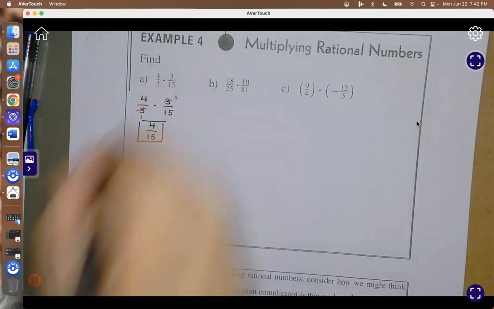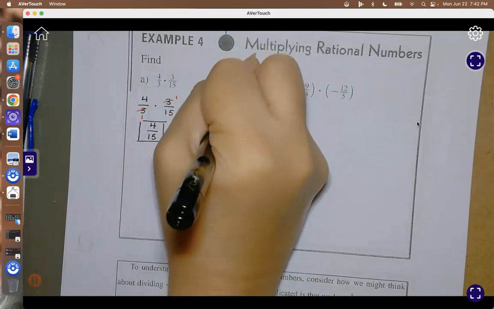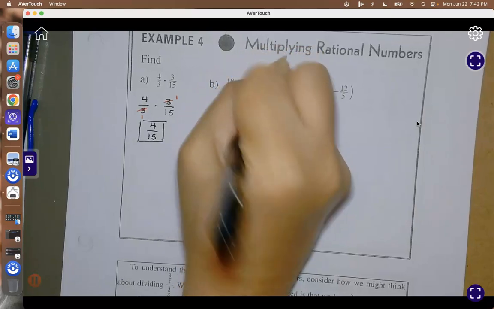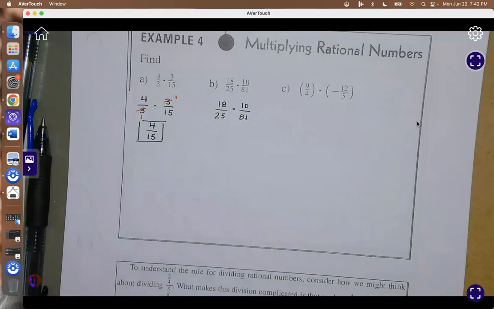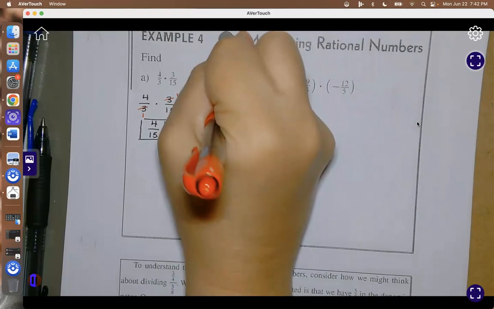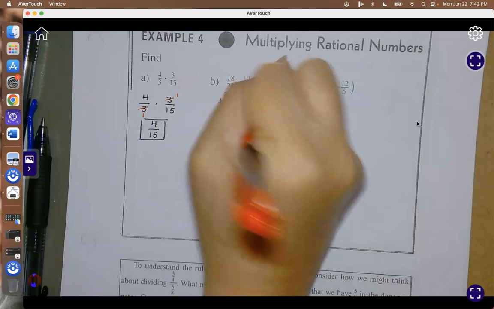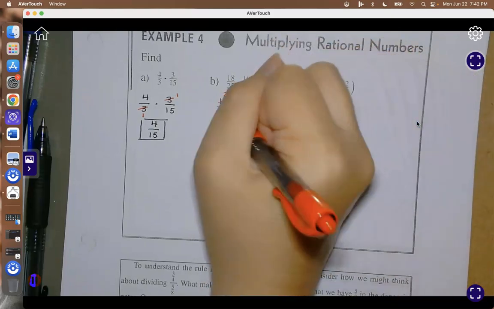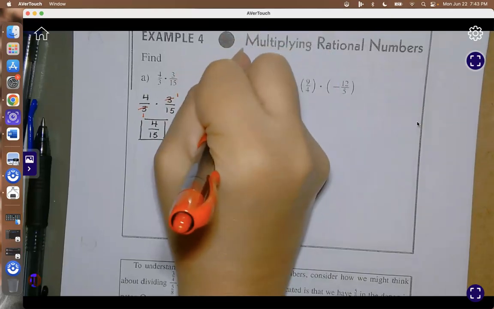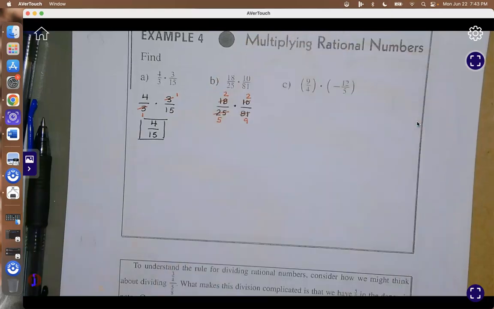Okay. This one, 18 over 25 times 10 over 81. Okay, so 18 and 81 are both in the 9s family. 9 goes into 18 2 times. 9 goes into 81 9 times. 10 and 25 are both in the 5s family. 5 goes into 25 5 times. 5 goes into 10 2 times.